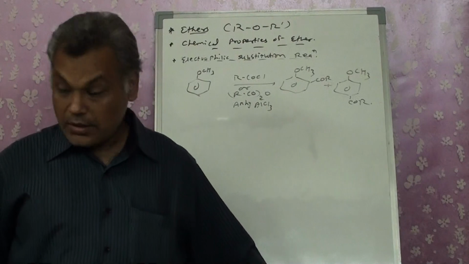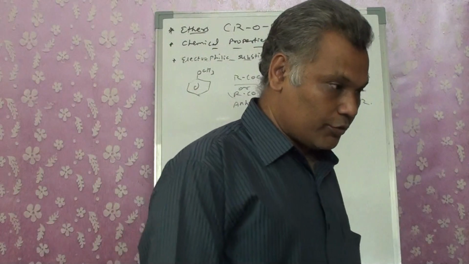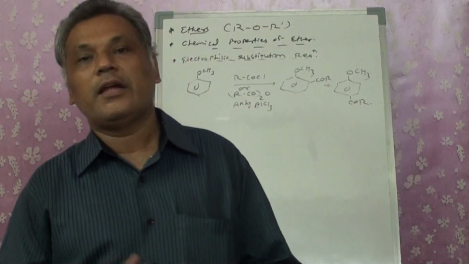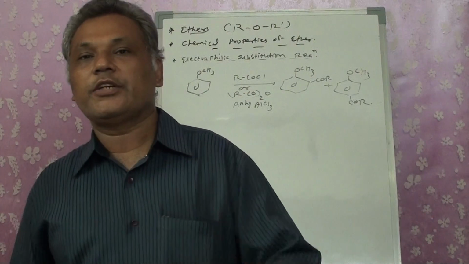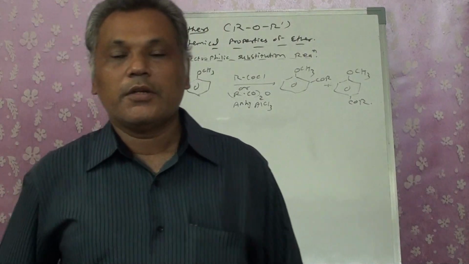So these are the reactions we get by electrophilic substitution. Chlorination and bromination are generally taken as halogenation. Alkylation and acylation are specifically known as Friedel-Crafts alkylation and acylation, right?